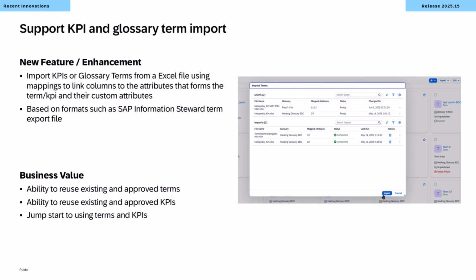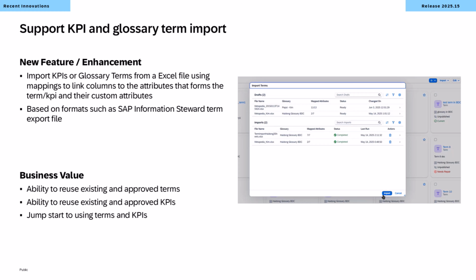So the feature here is the opportunity now to import either KPIs or glossary terms from an Excel file, a flat file, and then using mappings to link columns to the attributes that will then form the KPIs or terms with their respective custom attributes.